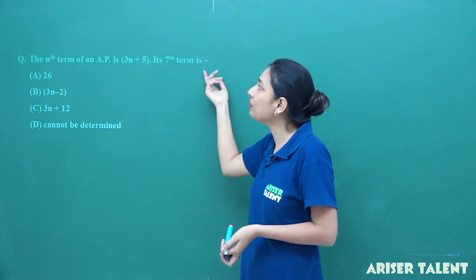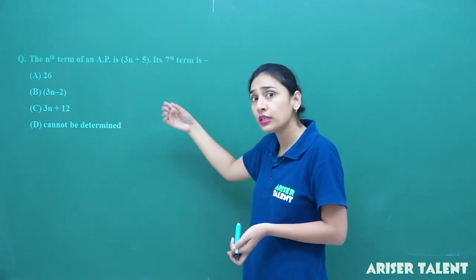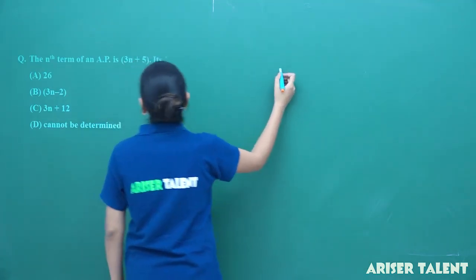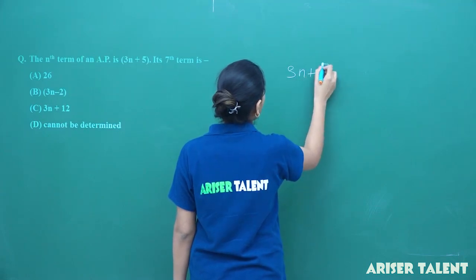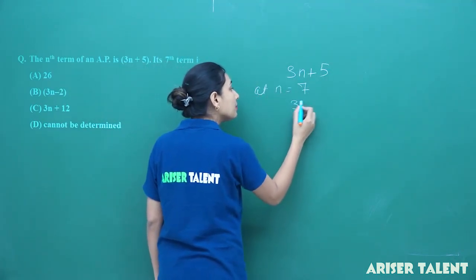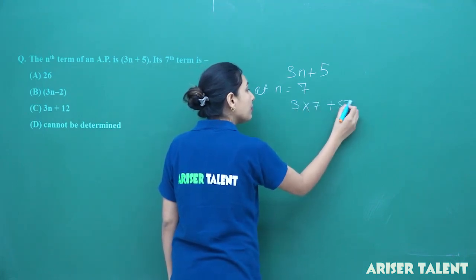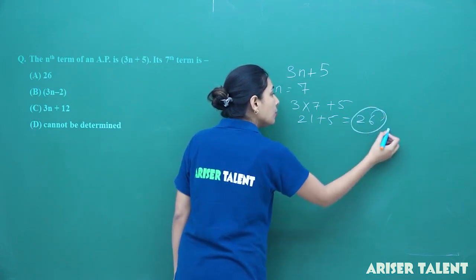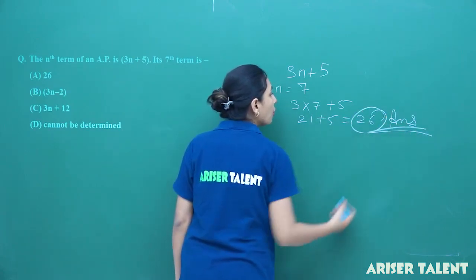Then its 7th term means n equals 7. Just put n equals 7 here. I'm not going to elaborate. That is 3n plus 5 at n equals 7. What will it become? 21 plus 5, you know it. That will be 26 for sure.